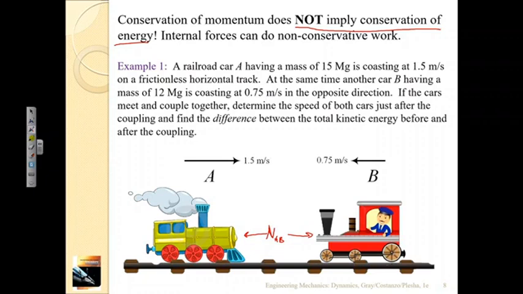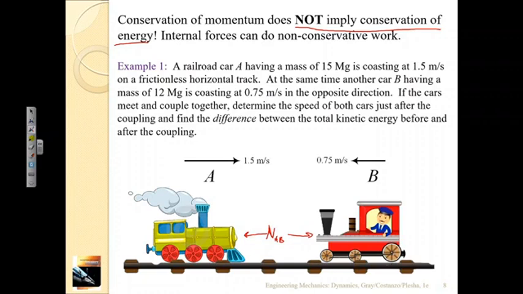That's interesting. 15,000 kilograms. And it is coasting at 1.5 meters per second on a frictionless track in the direction shown. So my velocity of A at state 1, 1.5 meters per second in the i direction.